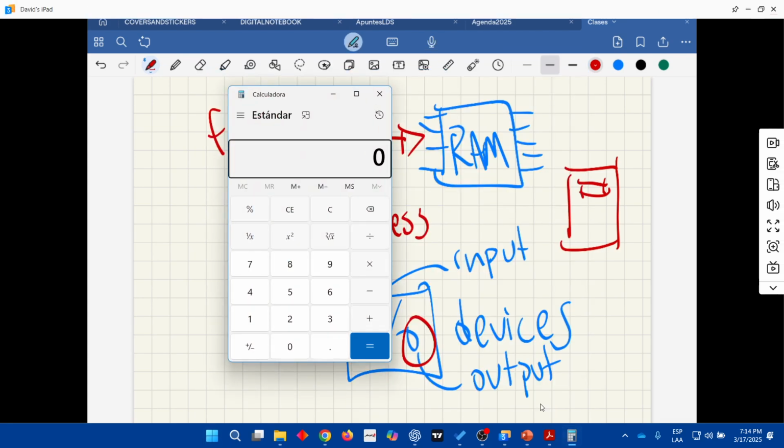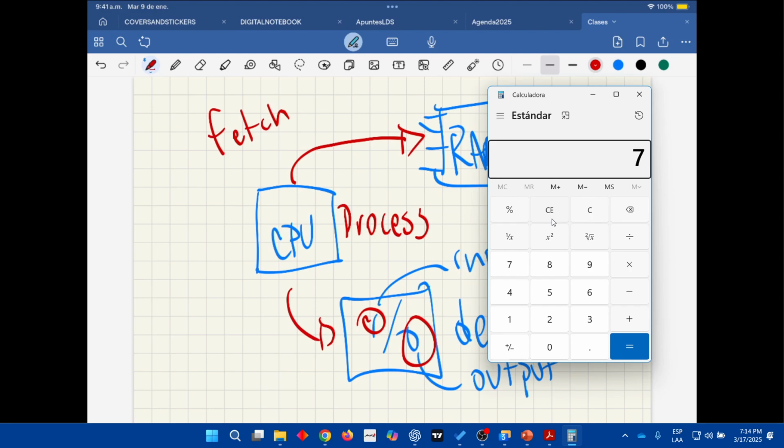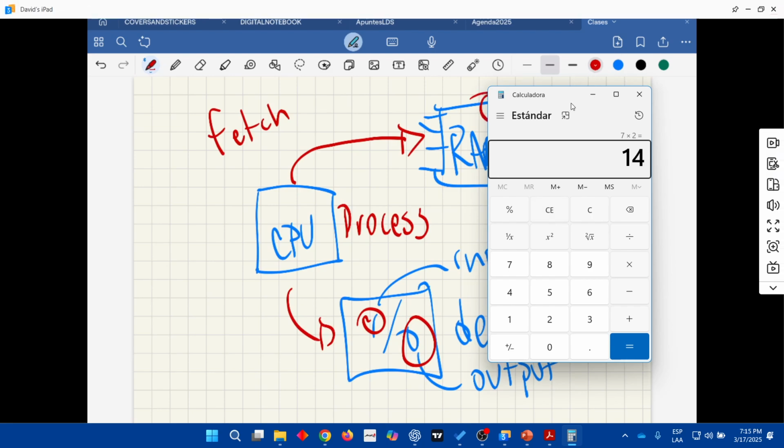We open the calculator, and you start using, for example, your keyboard: 7 times 2. Using your input devices, the 7 is sent to some part of the RAM memory.